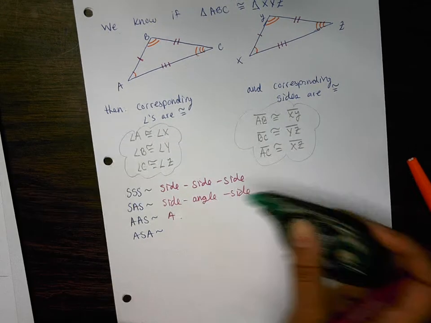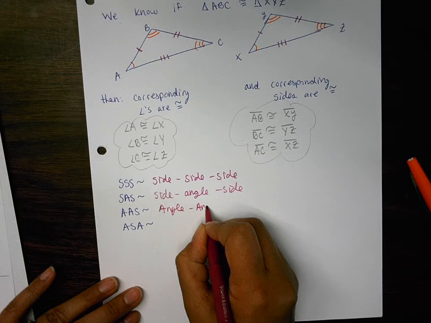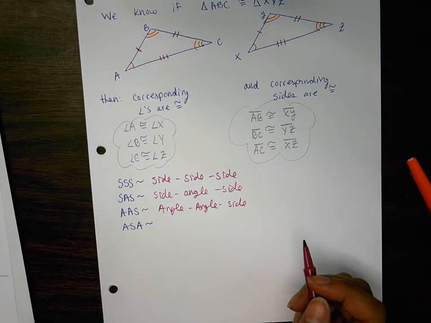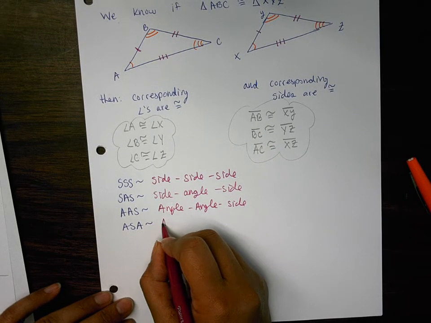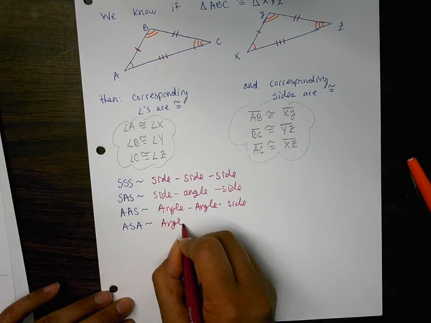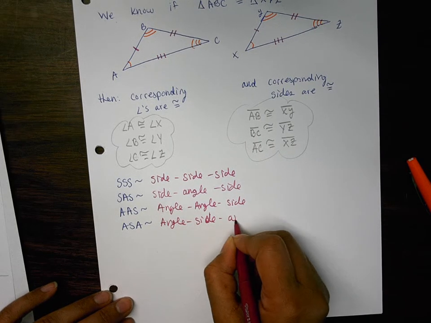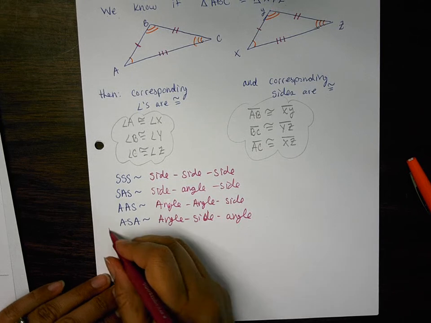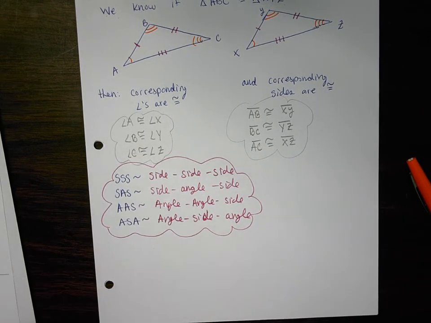I got carried away with my A's. Okay, angle, angle, side. Do you guys agree with her? And Wayne, what's the next one? Yes. Angle, side, angle. All right, do you guys agree? All right, we'll need to have those memorized.